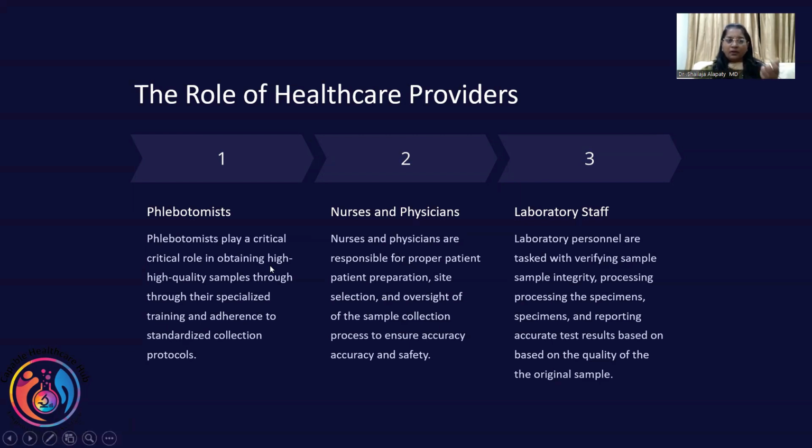So remember, for high quality samples, the phlebotomists need to be told. We are assuming the moment they have a degree that they know their job. We are assuming that they know what to do. We are assuming that they know everything. No, we need to train.